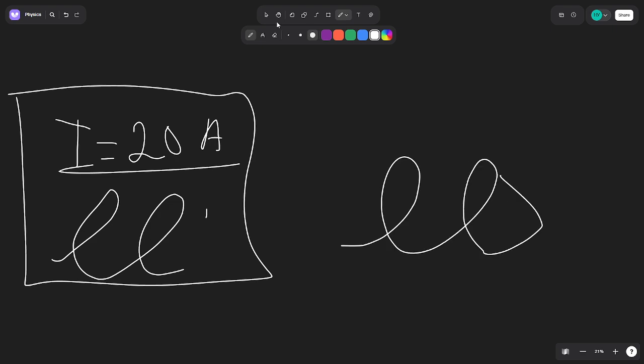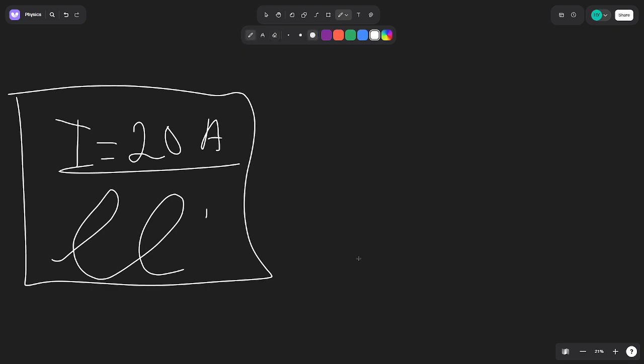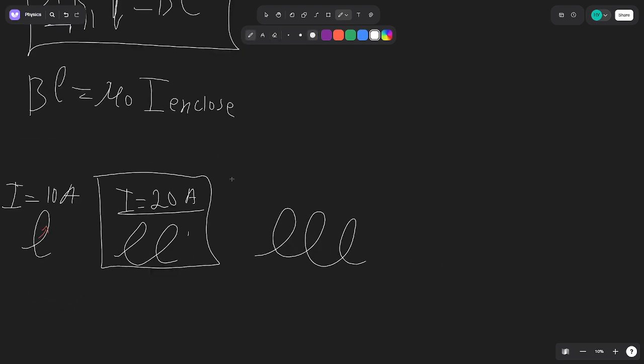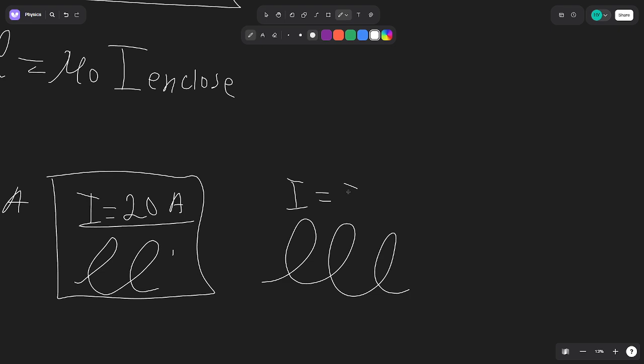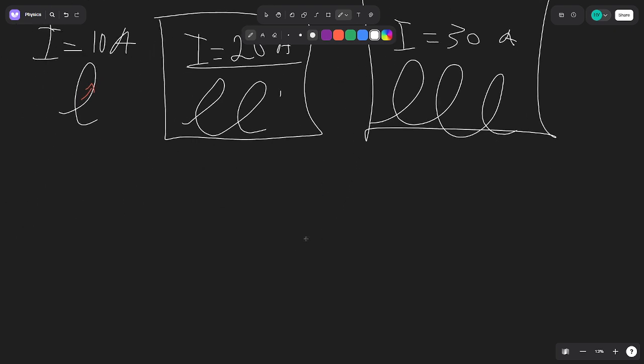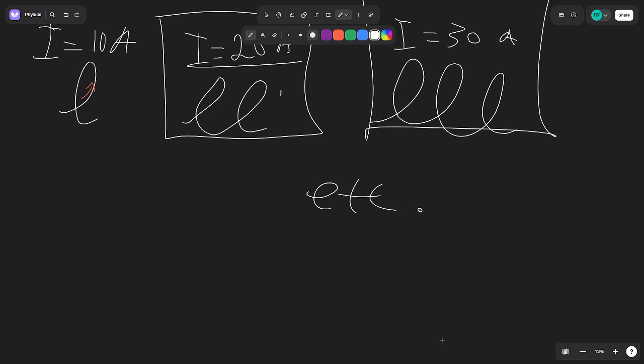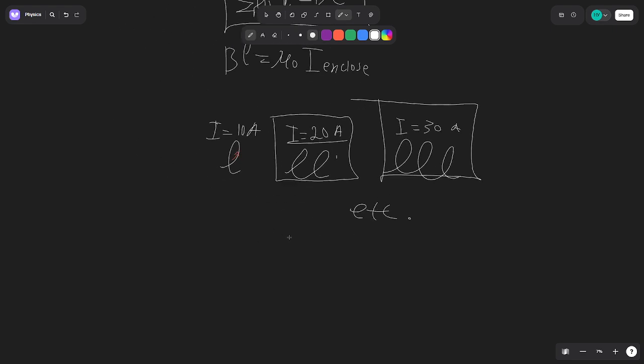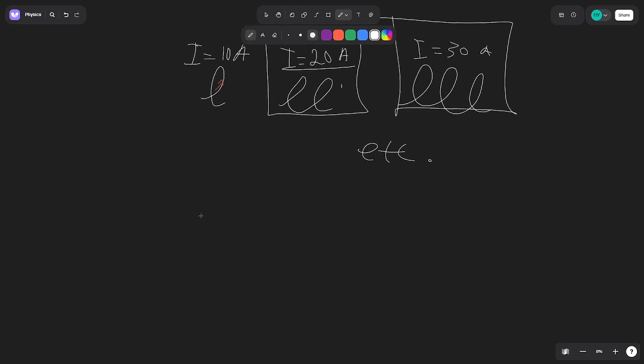What if there are 3 loops? Current equals 30 amps, because the current flows around the loop 3 times, etc. And now we can denote the amount of loops. N is the amount of loops.